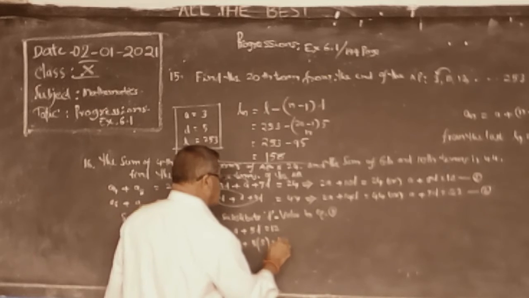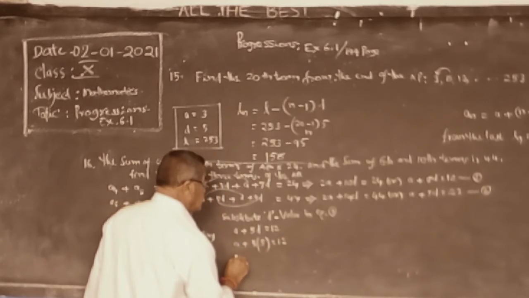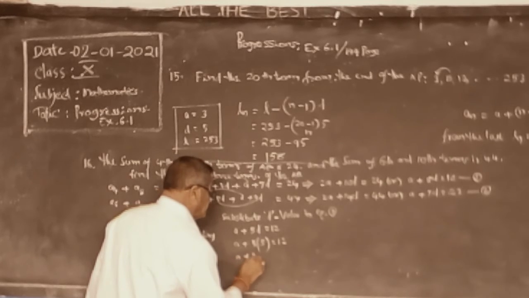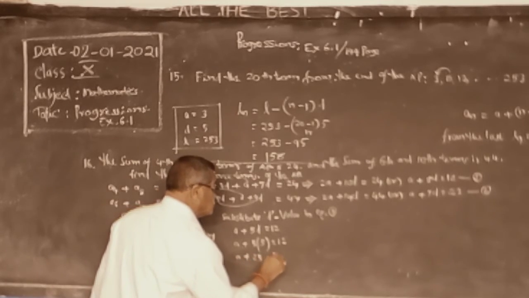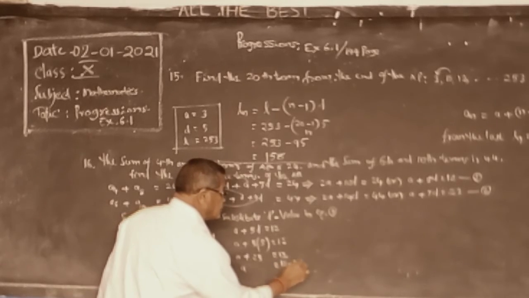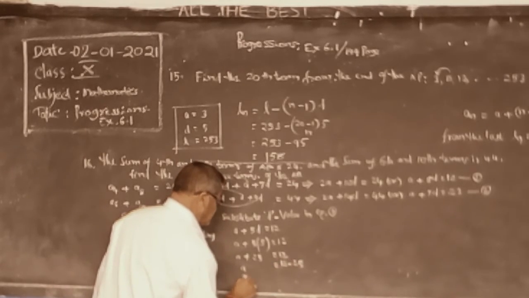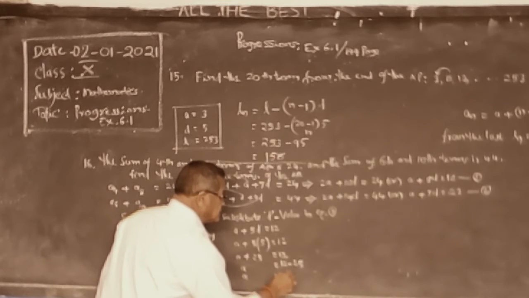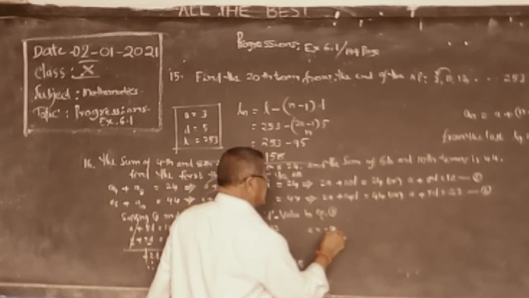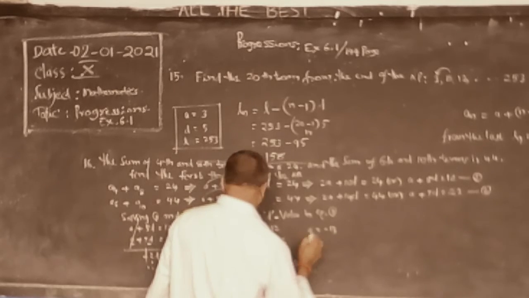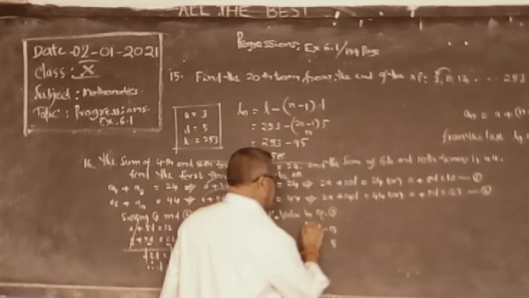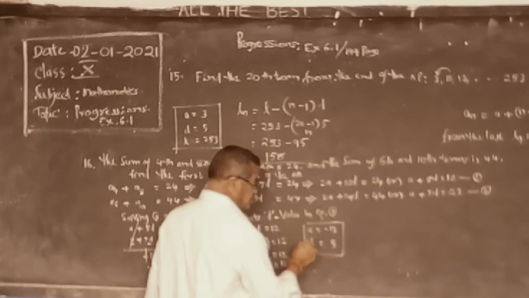A plus 25 equal to 12. A equal to 12 minus 25. A equal to minus 13. D is equal to 5. By using this, we can write the AP series.